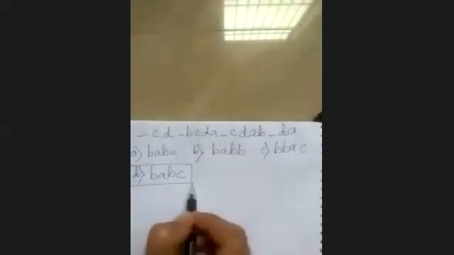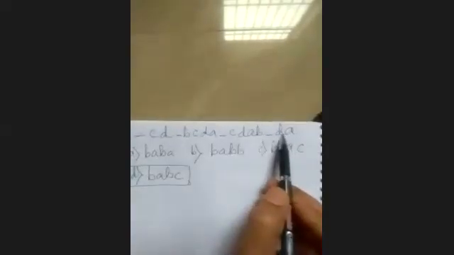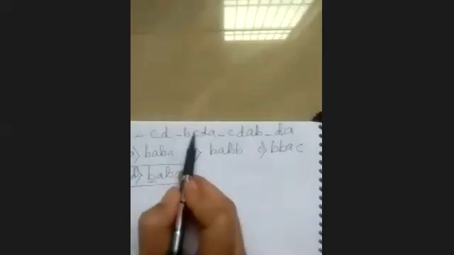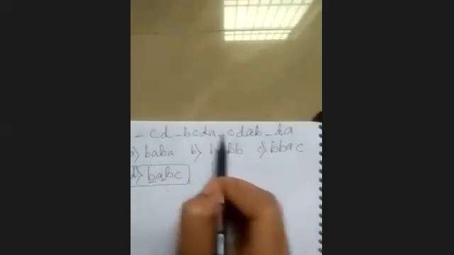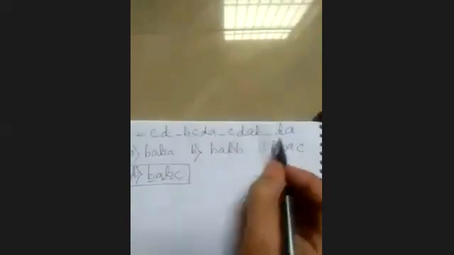Yes, option D is your answer. See, actually it is A, B, C, D, A, B, C, D, A, B, C, D, A, B, C, D. But here it has started by B, C, D, and the last one ended with A, B, C, D, A. So B, C, D, therefore B, A, B, C, D, therefore this A, again A, B, C, D, therefore this B, and A, B, C, therefore this C, D, right?